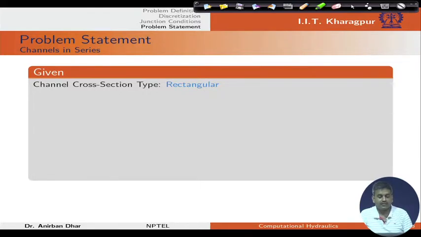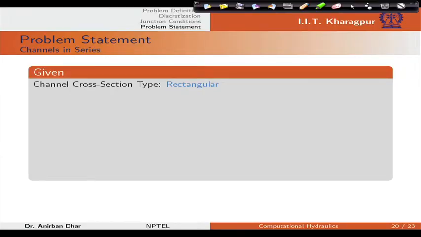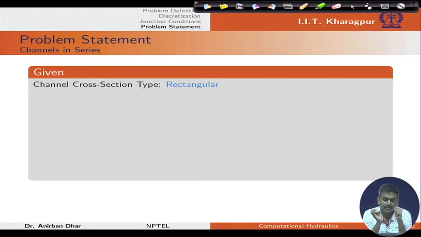We will consider 2 channels, because in the previous lecture class we have considered discharge as constant, but in this particular lecture class we are considering a separate continuity equation during the solution process. So, we should get the same result that we have obtained using the single variable case.